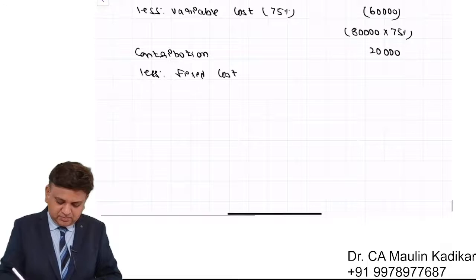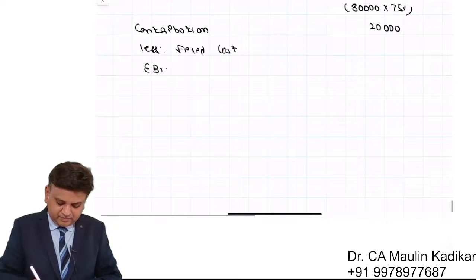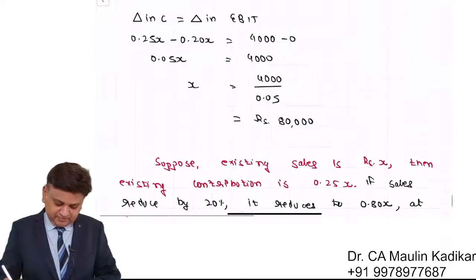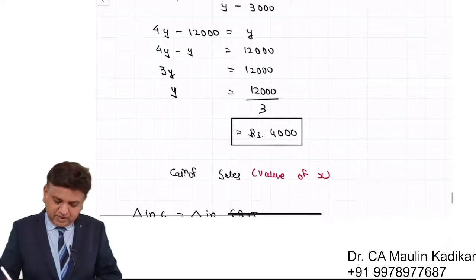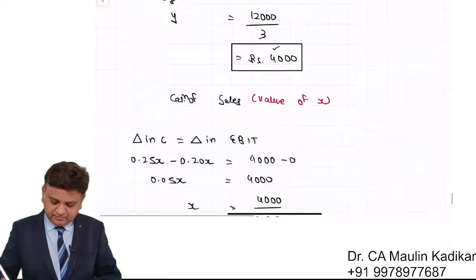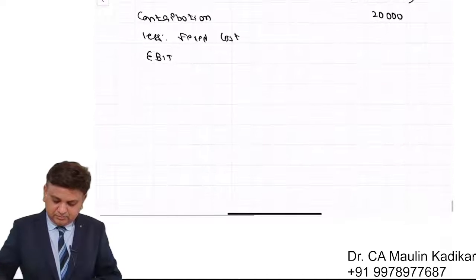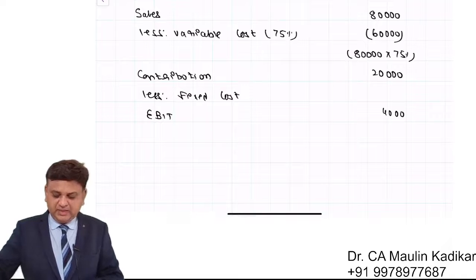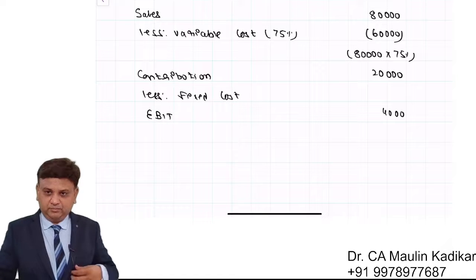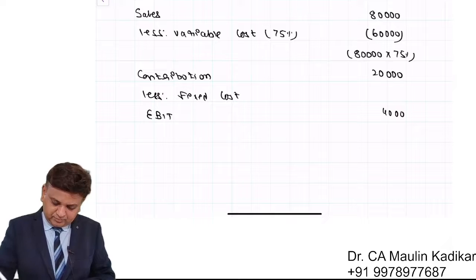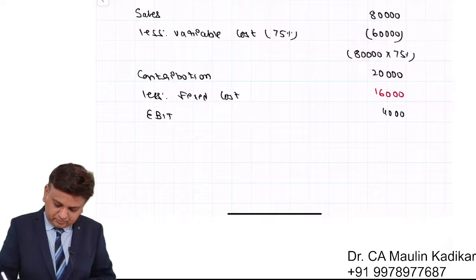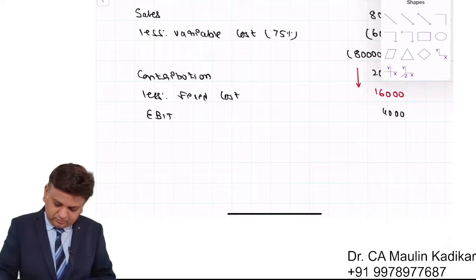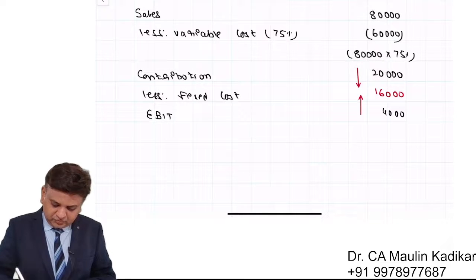Less fixed cost, that will give EBIT. Amount of EBIT is 4,000. So the fixed cost will be 16,000. This is 16,000, found as a balancing figure. It is 20 minus 4.